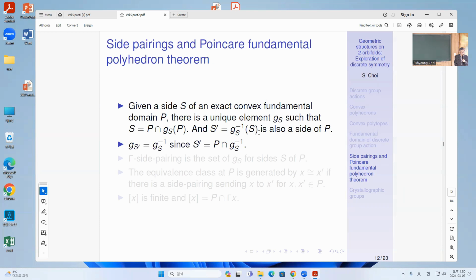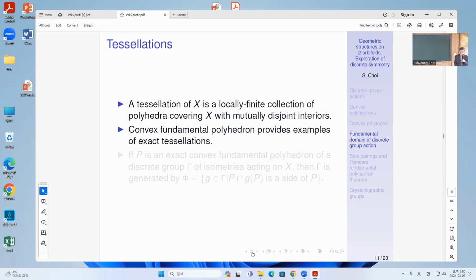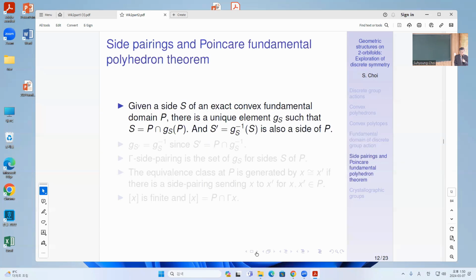That will be a side, because if you put gS inverse here, then you get gS inverse P intersect P, so it will be another side of P. In that sense, gS prime is gS inverse because of this property. I should say there's a P missing here.